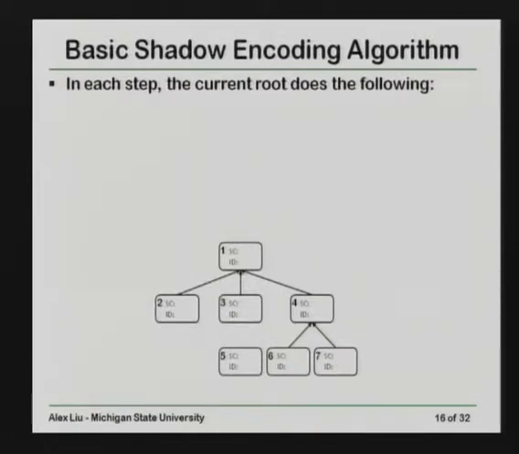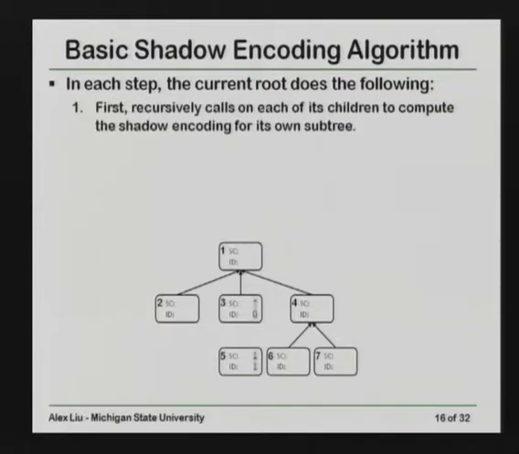Let's first take a look at the basic shadow encoding algorithm. In each step, the current root does the following. First, it recursively calls on each of its children to compute the shadow encoding for its own subtree.